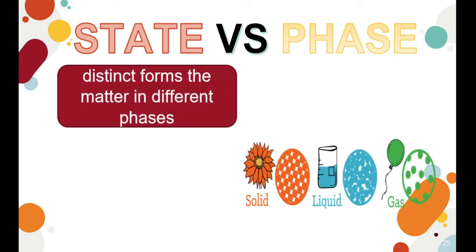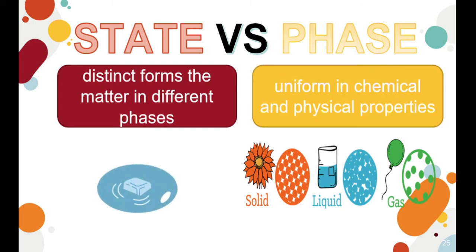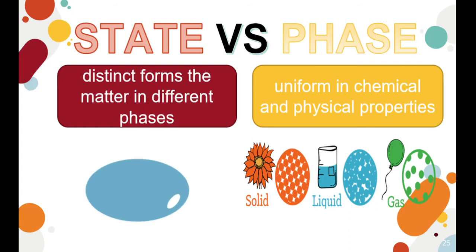State of matter refers to distinct forms of matter in different phases. And phase of matter is uniform in chemical and physical properties. So, in state of matter, a matter or a substance can have different phases, as you can see in the examples.